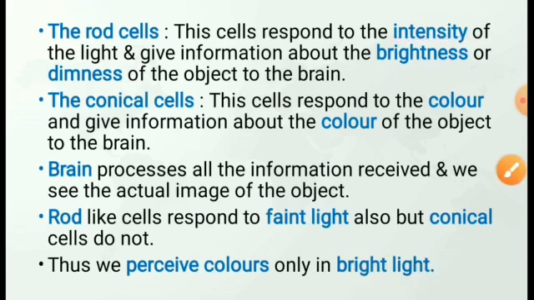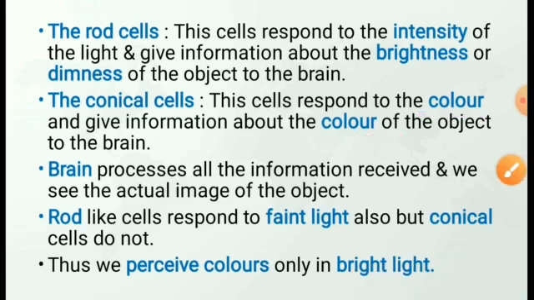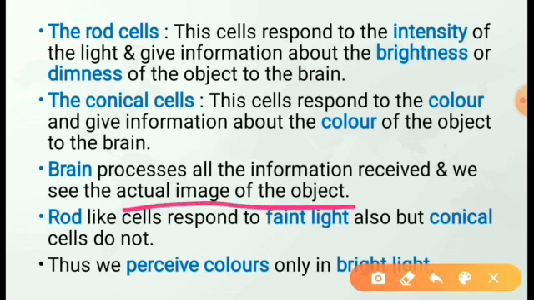The conical cells respond to the color and give information about the color of the object to the brain. The brain processes all the information received and we see the actual image of the object.